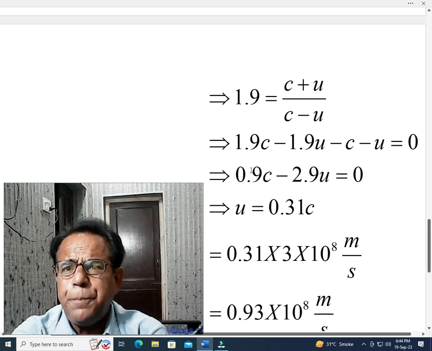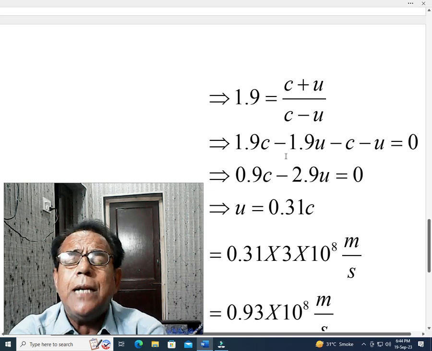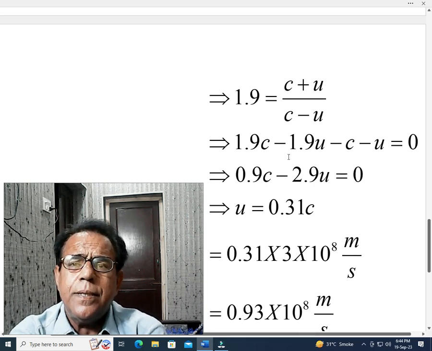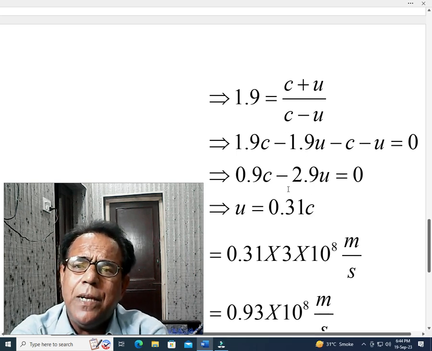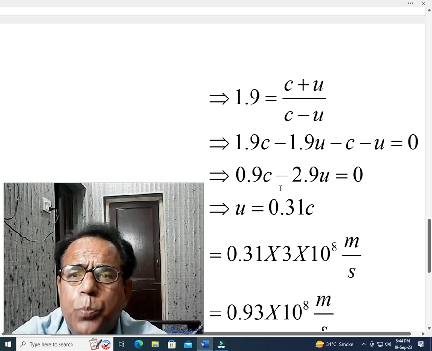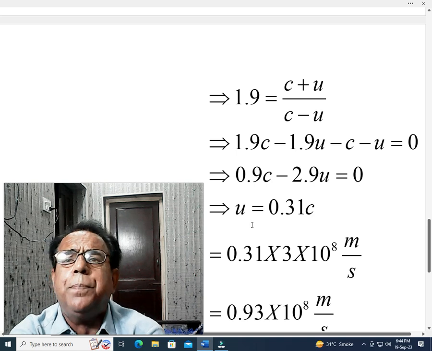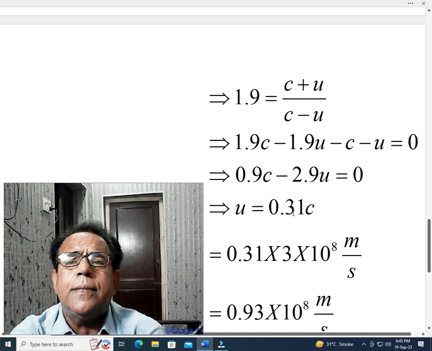Then 0.9c minus, but these two will be added because both have negative signs, and their sign will remain negative. So 0.9c minus 2.9u equal to 0. This implies that u becomes equal to 0.3c.